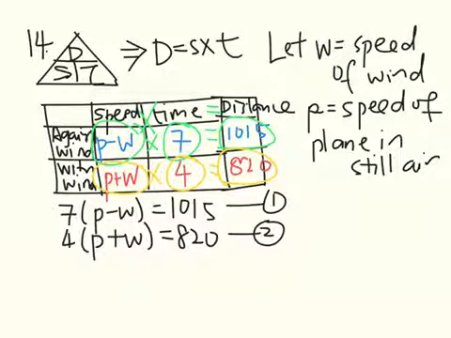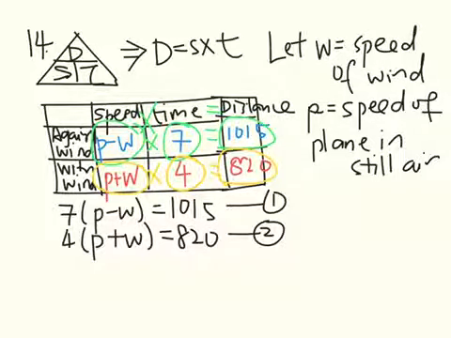So from the first equation, I can see whether 1,015 is divisible by 7. Oh, it is divisible by 7. You have your calculators, please check it out.